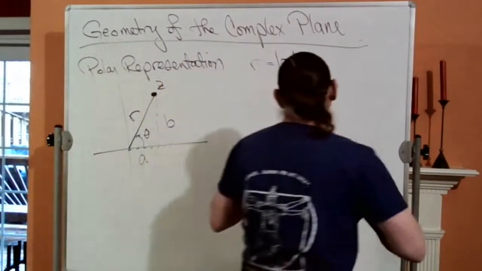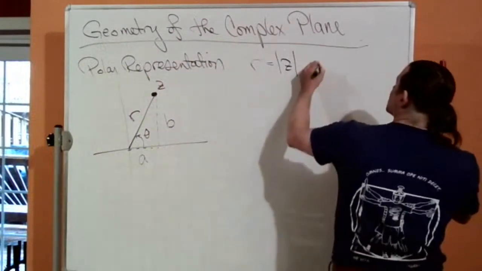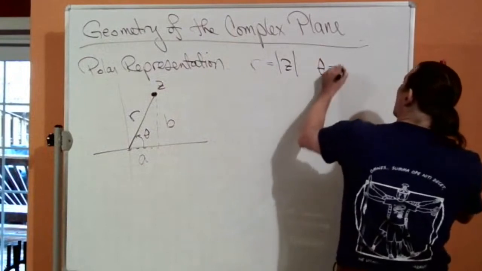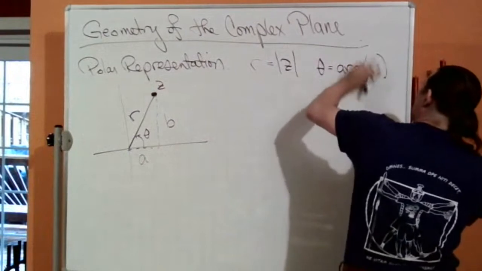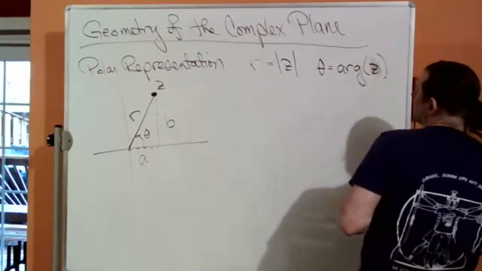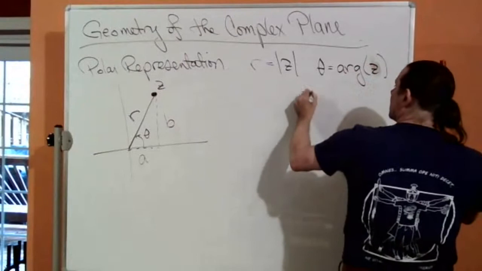Theta is also very special. It is called the argument of z.